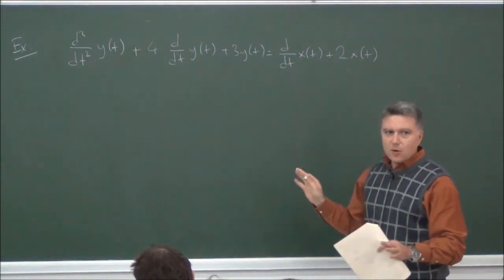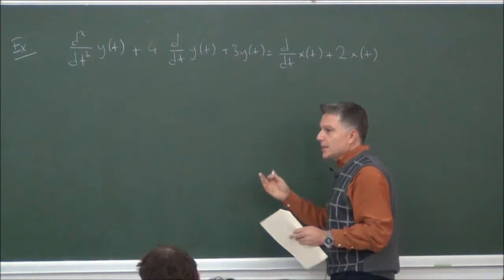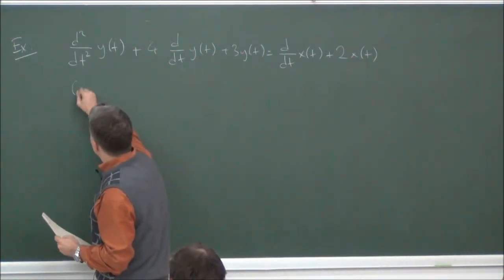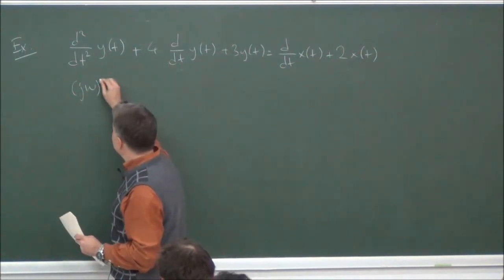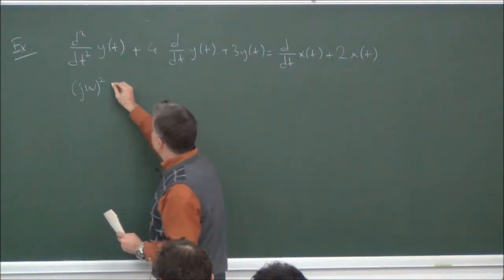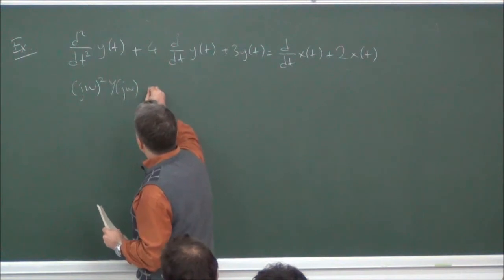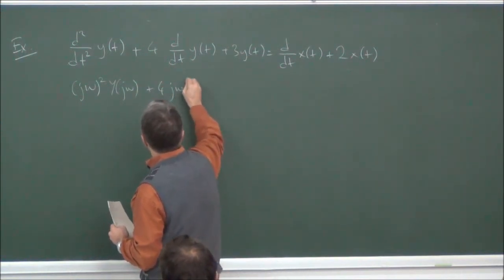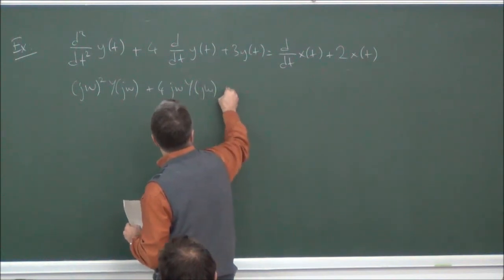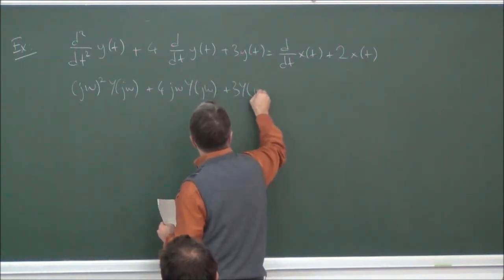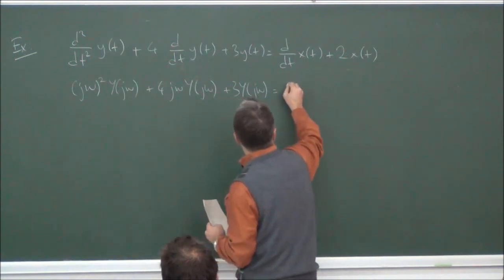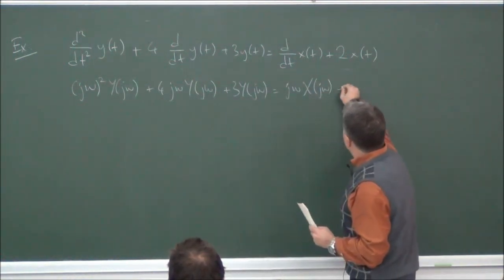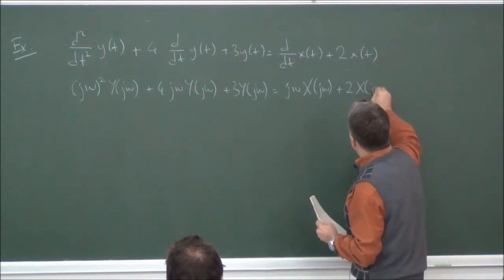It may be a long equation like this, but the Fourier transform is not a big deal. Twice the derivative means twice multiplication by jω, that is (jω) squared, times Y(jω), plus 4 times jω times Y(jω), plus 3 times Y(jω) is equal to jω times X(jω) plus 2 X(jω).